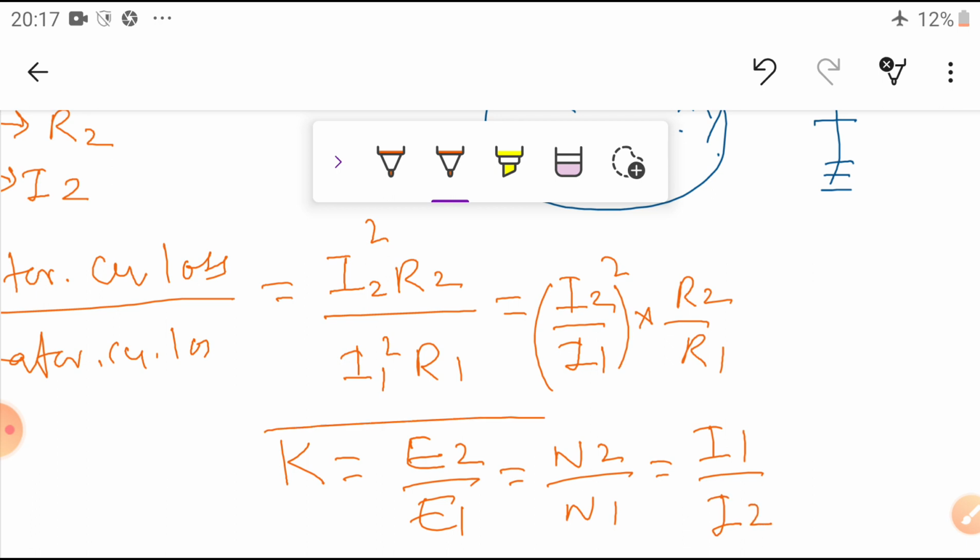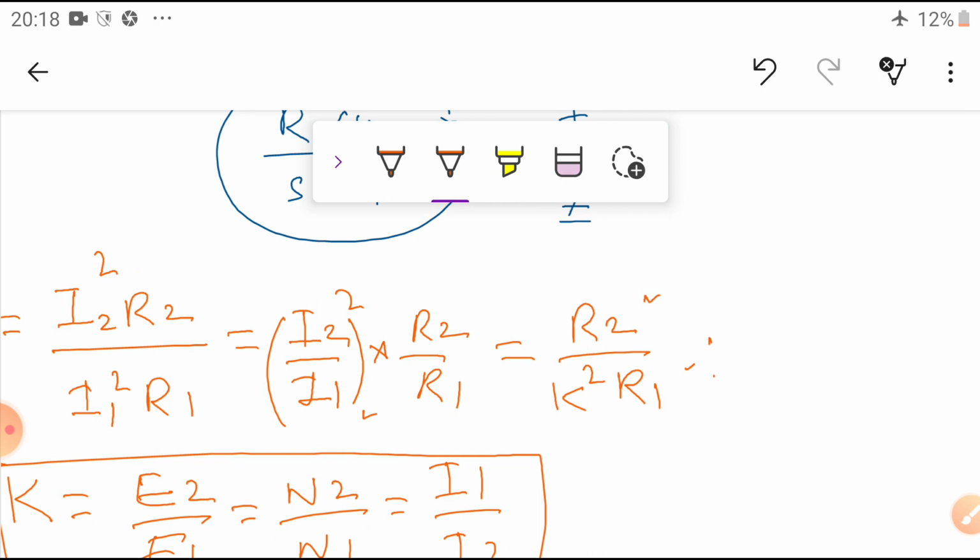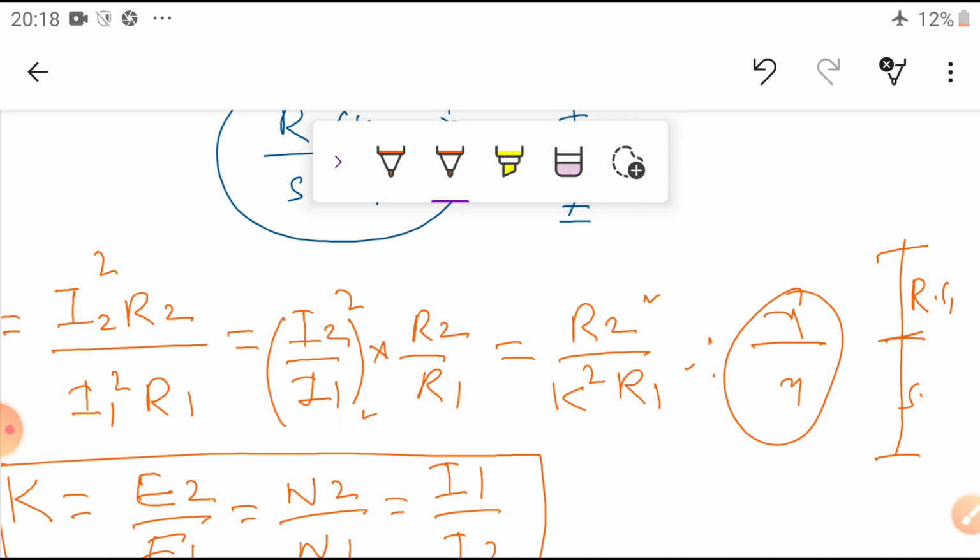From these values I can calculate this value, so I can write R2 by K squared R1. If this is known and this is known, I can know the ratio. Proportionately I can divide this into the rotor copper loss and the stator copper loss.